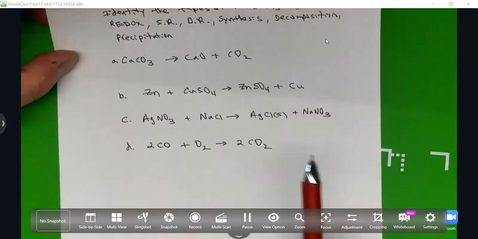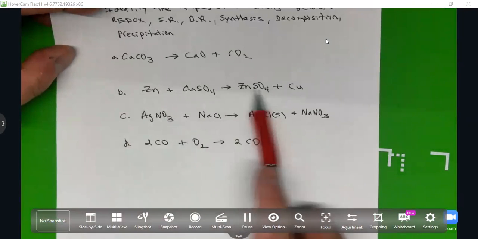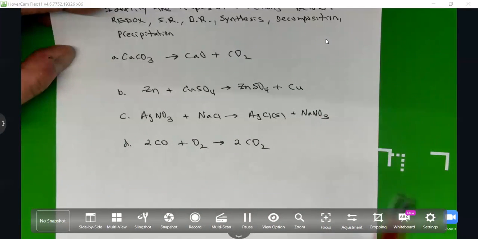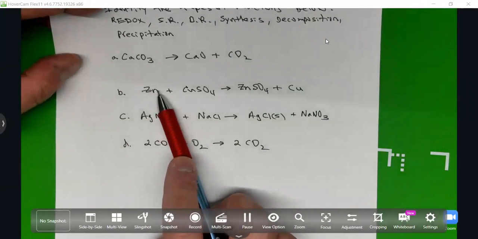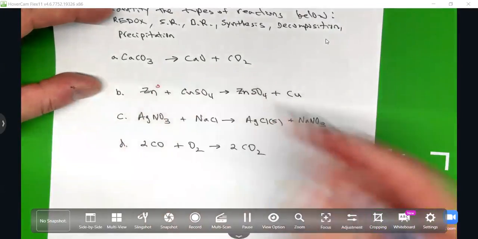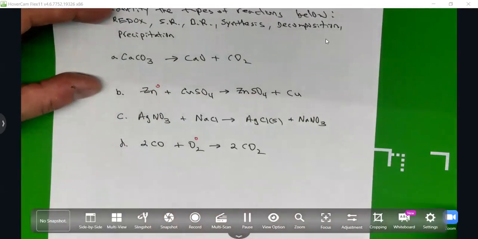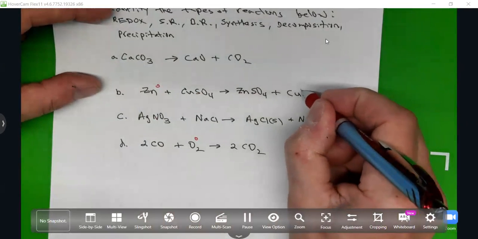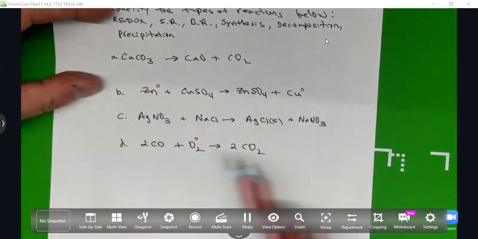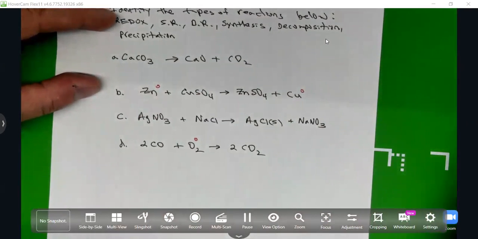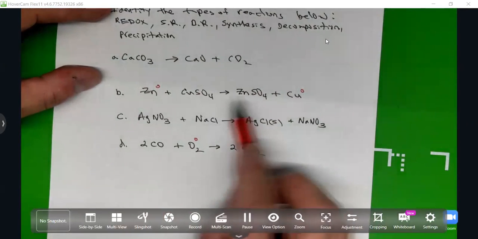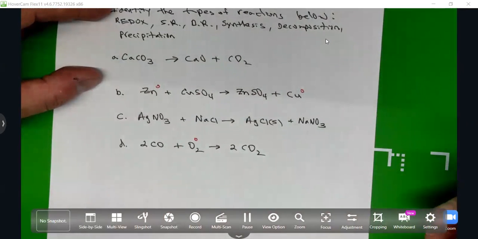If we look down here, there's two of them that are obviously oxidation reduction as we're sitting here with zinc by itself, oxygen by itself, copper by itself. We know B and D, just looking at them, are oxidation reduction. The oxidation state is going to change from reactant to product side.